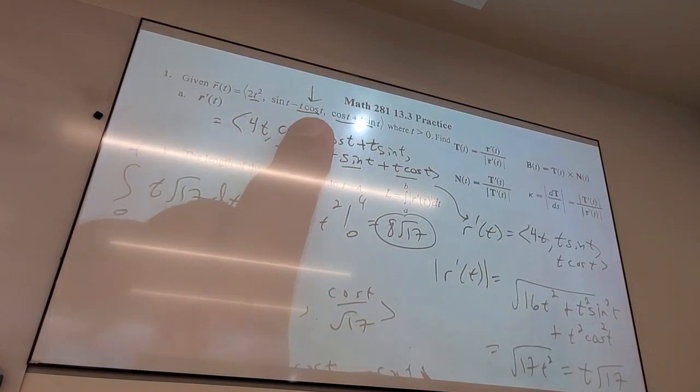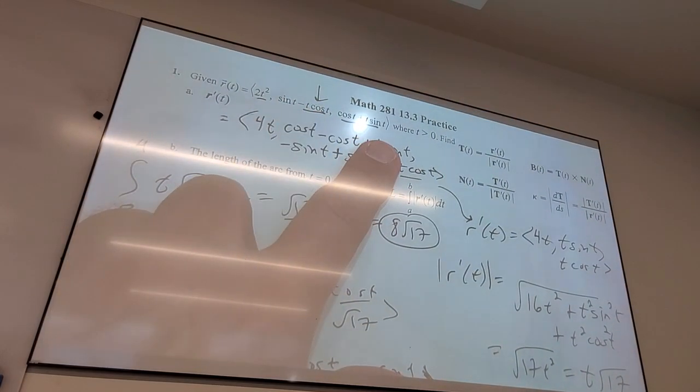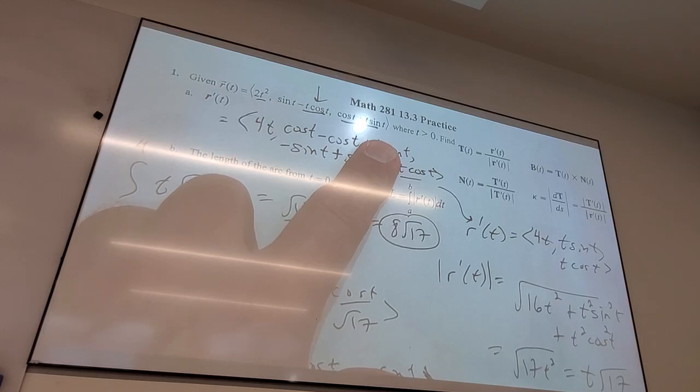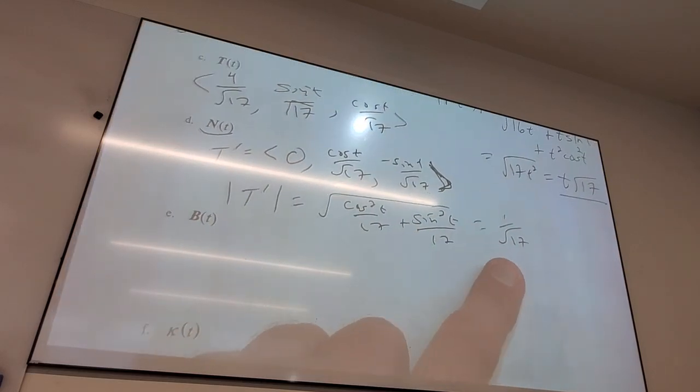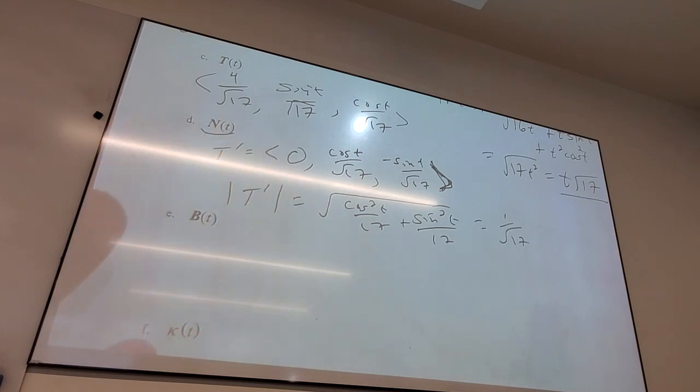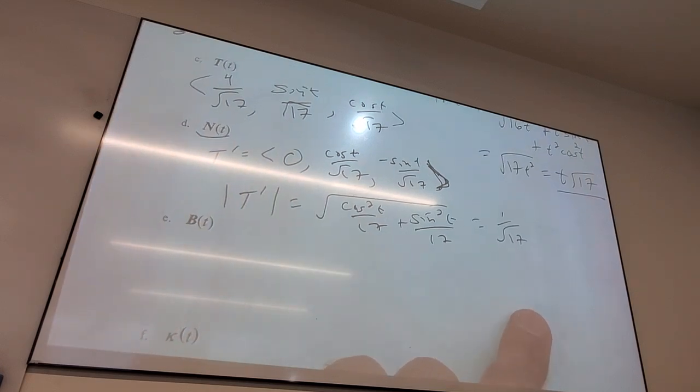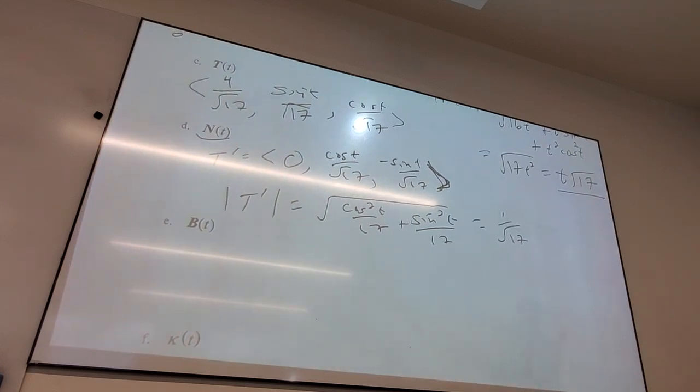But you see how this function looked like it was going to be a lot of trouble? Then some trig identities saved us, and now we're at this point, which is beautiful. This T prime vector has a constant length, which, if we were in a class really analyzing these TNB reference frames, we would talk about what that means.